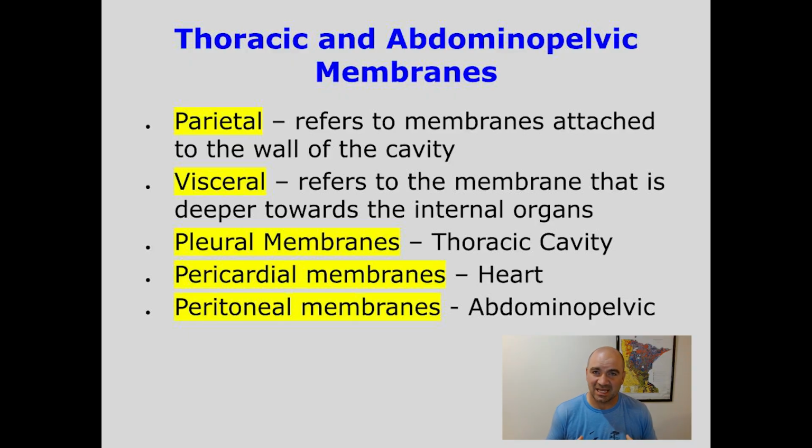However, we have a variety of different layers and membranes inside of these cavities or surrounding them. Once again, just a helpful directional term as we look at where things are located. These cavities in your body are kind of unique in the challenge of maintaining a proper equilibrium inside there.